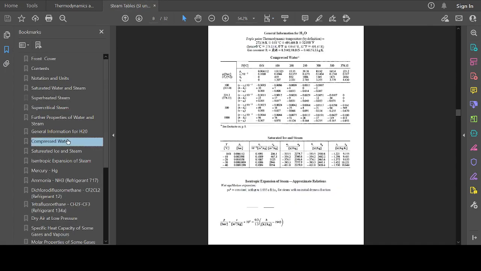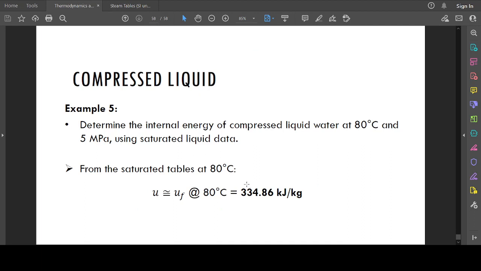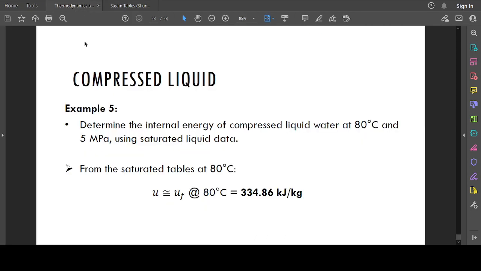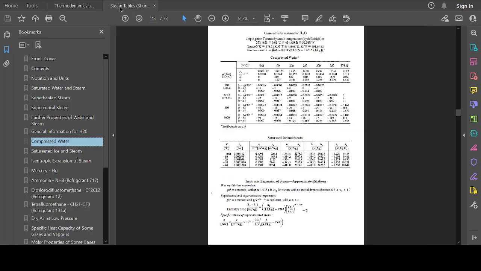you go to your steam table, then you find, remember, unit conversions. Okay, in this case, it's 80 degrees Celsius. So you can look for temperature at 80 degrees Celsius. You can do an interpolation here, okay? Or better still, you can go to the saturated liquid table to get it, because as we've already said, we can use an approximation, since the change in pressure does not really affect other properties much.